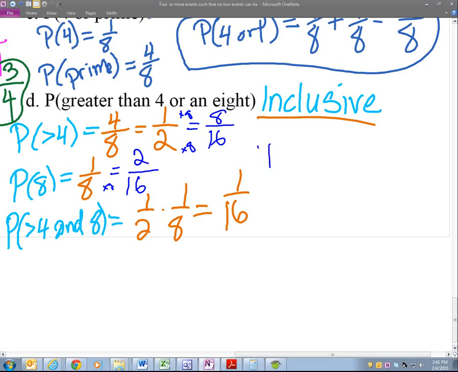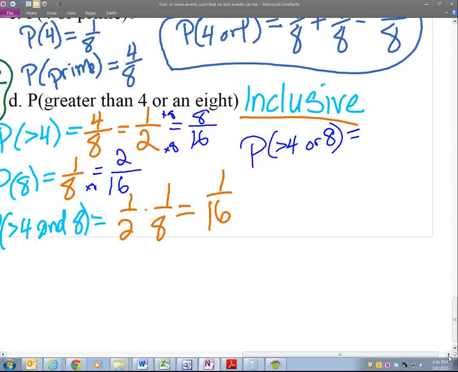So to find the probability of a number greater than 4 or an 8, I take my probability of A plus the probability of situation B minus the one that they share.